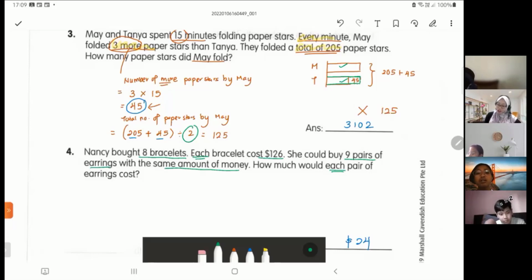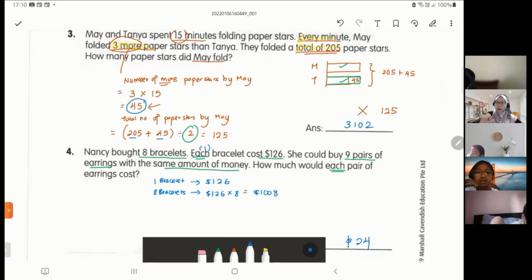Let's find how much is the total cost of 8 bracelets, because each means 1. 1 bracelet is $126. 8 bracelets will be $126 times 8. Okay, and this will give me $1,008. This is my total cost of 8 bracelets, which means I can also buy, as the question says, 9 pairs of earrings with the same amount of money.